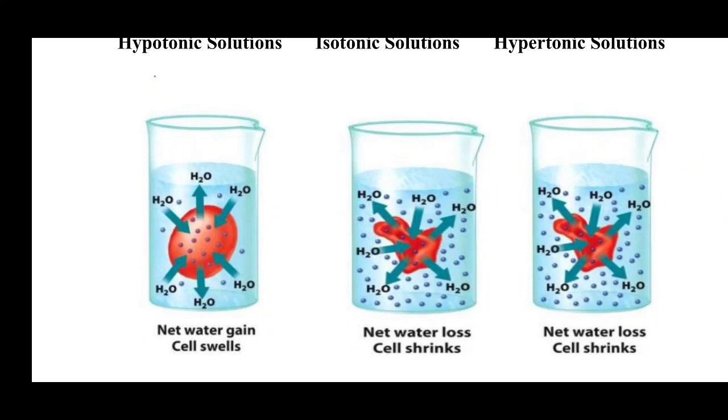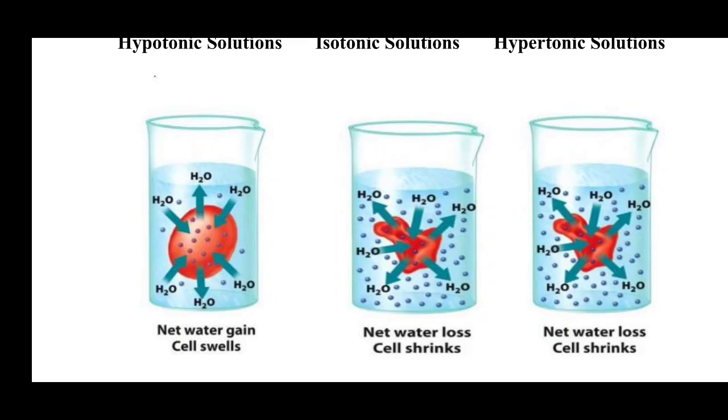Now you will be thinking, what is solute? Suppose I am taking a spoon filled with sugar and I am dissolving it in water. So the sugar is my solute, water is my solvent, and the mixture that I get by mixing sugar and water is the solution.